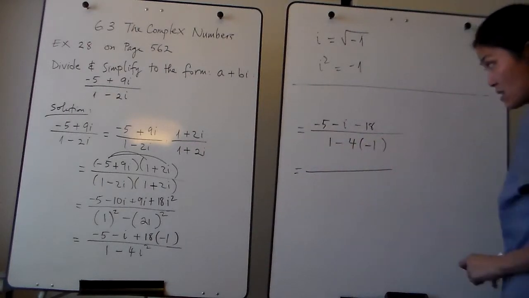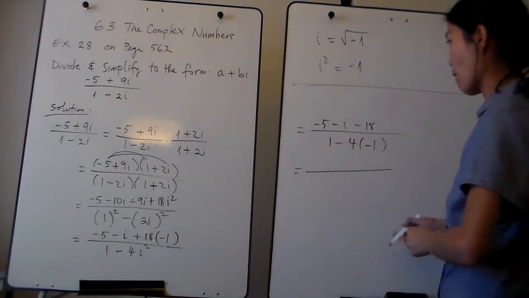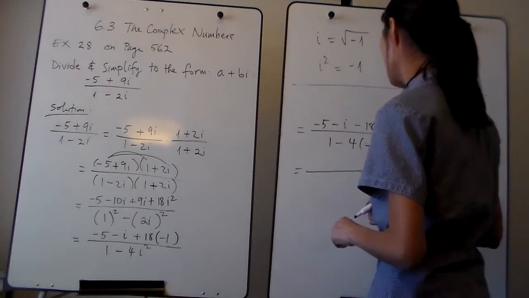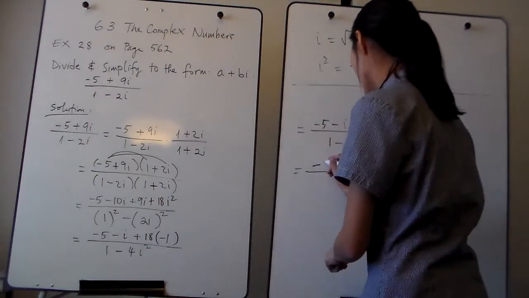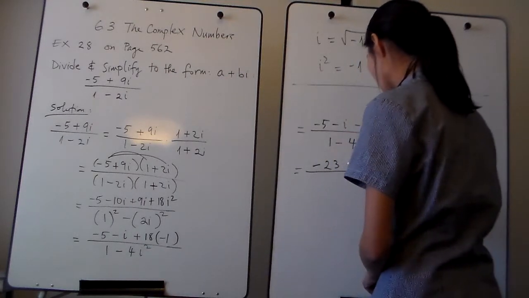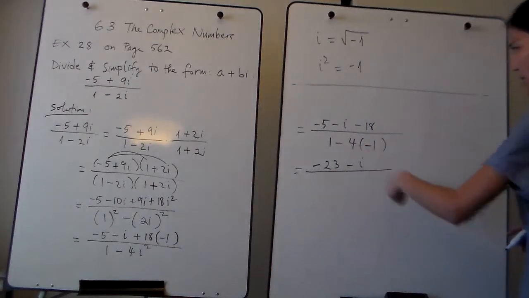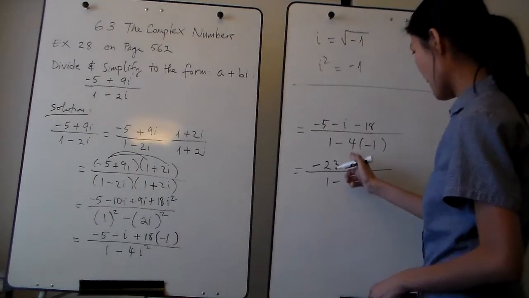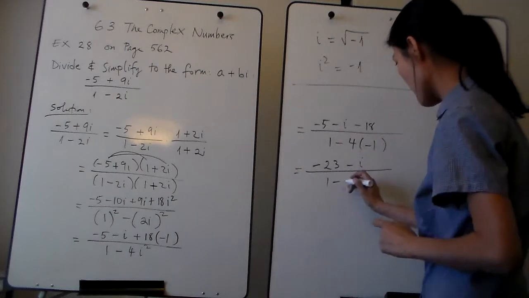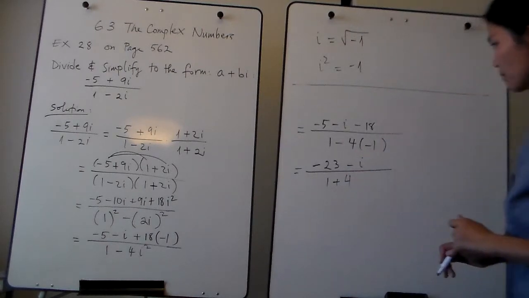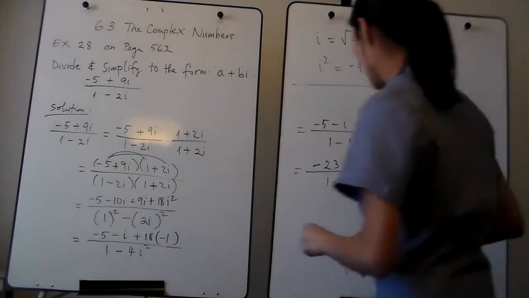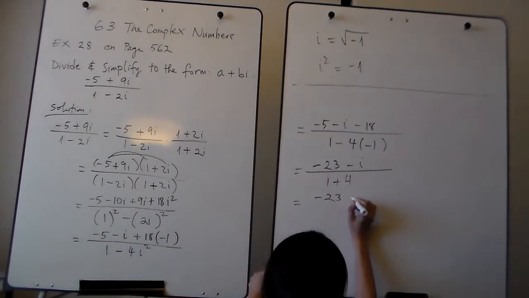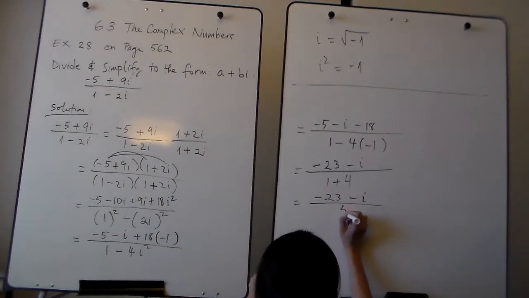Negative 5 and negative 18 are like terms, so you can combine them. So this becomes negative 23, negative i here. And the denominator simplifies to 1 minus negative 4 times negative 1, which is positive 4. Okay? Simplify, we have negative 23 minus i divided by 5.